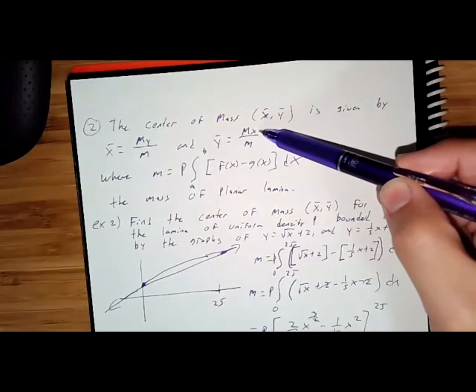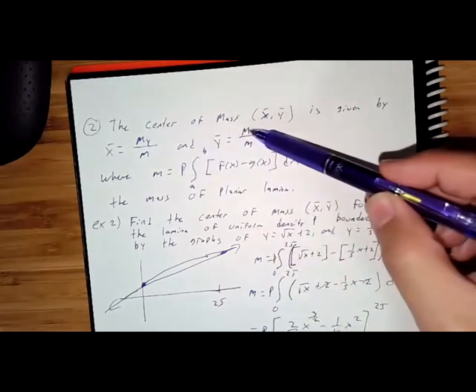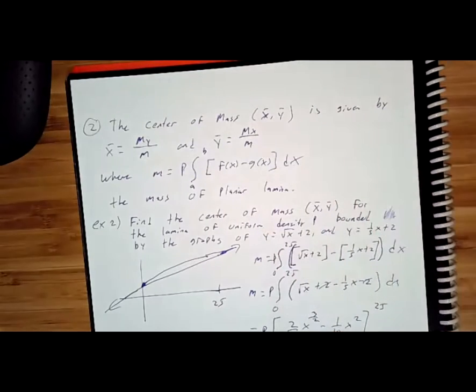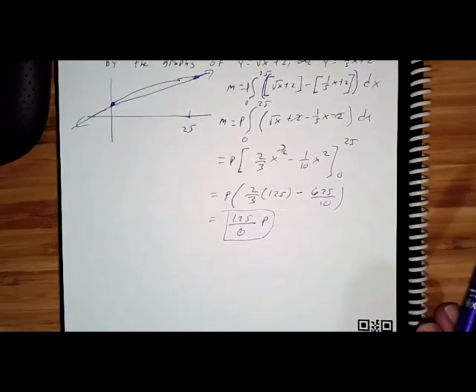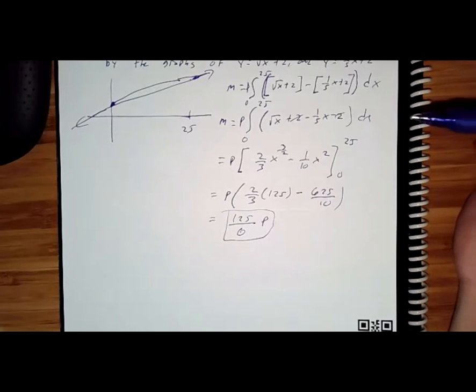We need the integrals to find each of those, and then we'll divide by this m that we just found. Okay, that's where we're headed. That'll give me the location of the center. Well, I'll wait a bit if you're still looking at this.